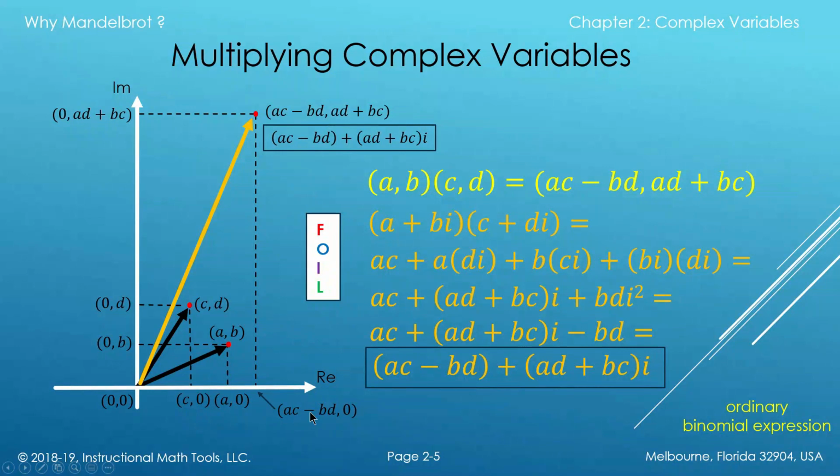That's the value of that point. And AC minus BD matches the imaginary component AD plus BC into this point right here, which can be called (AC minus BD, AD plus BC), which, like we are trying to prove over here, is equal to quantity AC minus BD plus quantity AD plus BC quantity i.